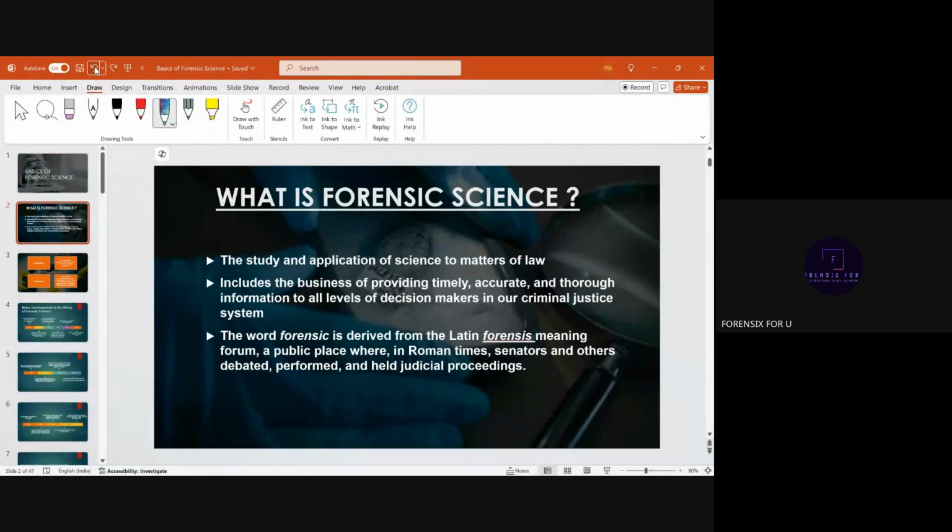So, when the study and application of science is applied for the purpose of imparting justice, that is known as forensic science.